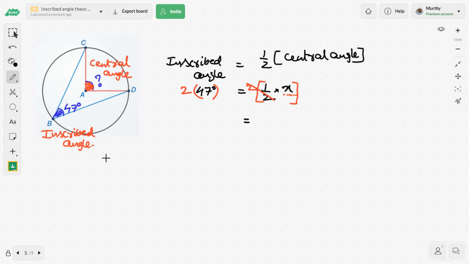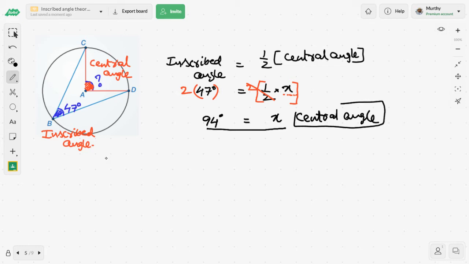So 2 times half is x, and 2 times 47 is 94. The value of x is 94. So this central angle is 94 degrees.